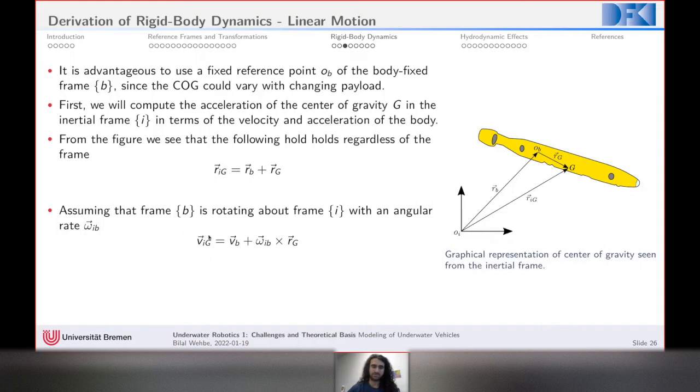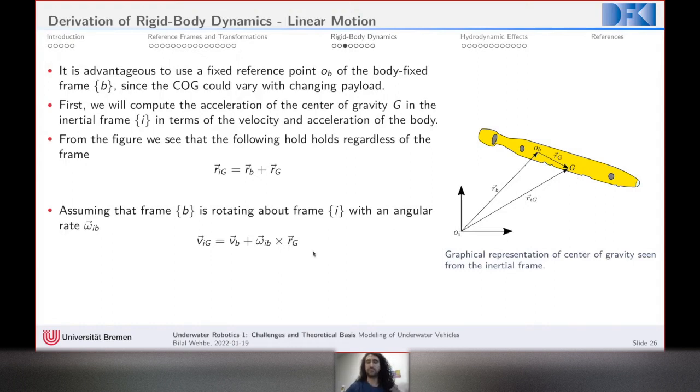So basically the velocity of point G with respect to the inertial frame, or here, sorry, we're still not talking about any frames, this is valid in any frame. So the velocity vector v_IG is v_B, the velocity of the origin, plus, since this body is rotating with a certain angular velocity, the angular velocity cross this vector r_G here.